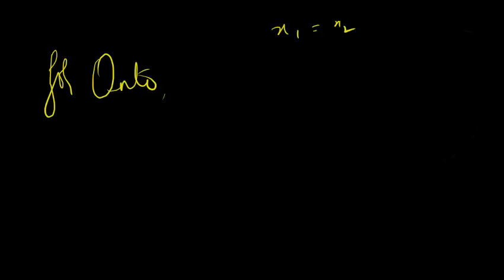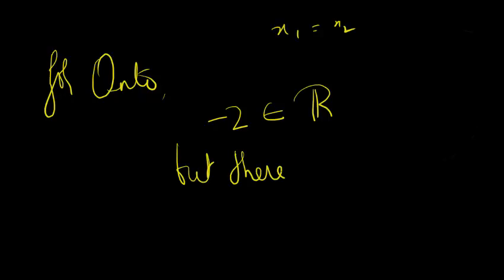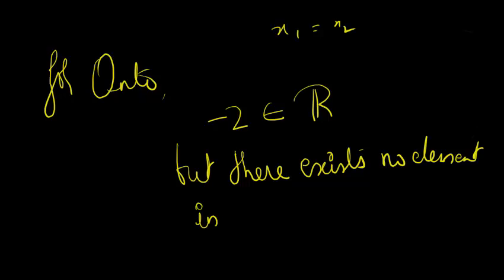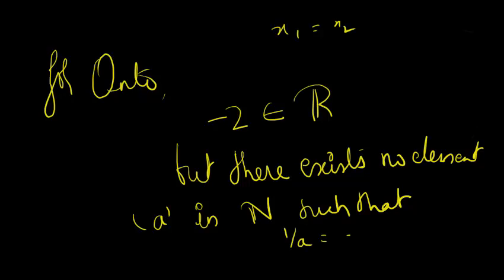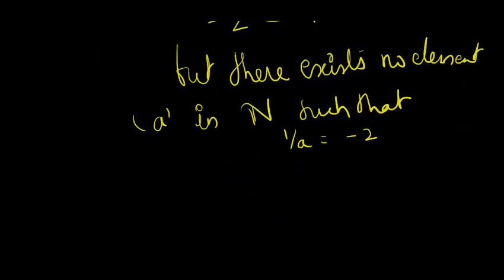Okay, so how do I prove this? -2 belongs to the second set R. Okay, but there exists no element in the first set, which is N, such that 1 over A is equal to -2, as A is always positive.